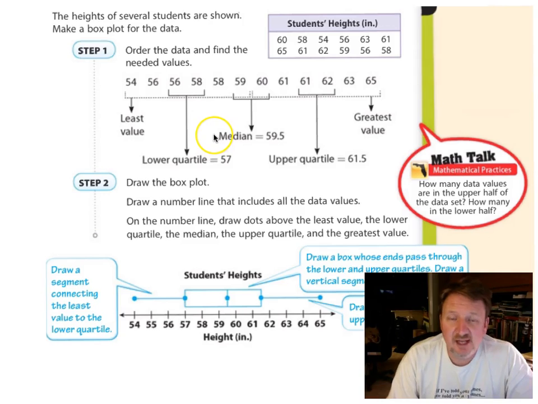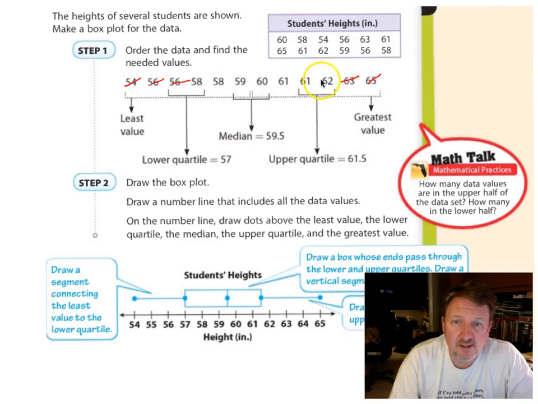The next thing you have to do is find the median. Remember I taught you how to find the median by eliminating from the outside in. So we eliminate 1, we eliminate 2, we eliminate 3, we eliminate 4, and we eliminate 5. And guess what? I have these 2 values here.